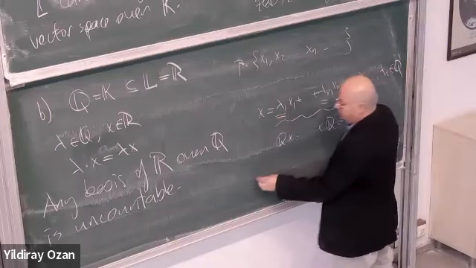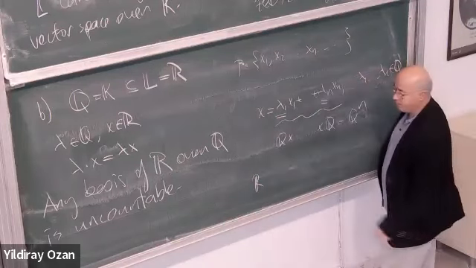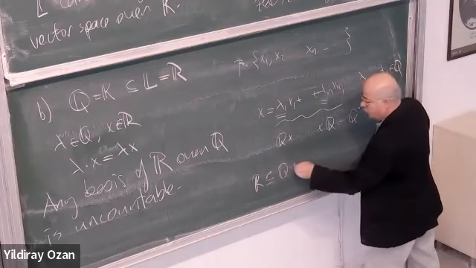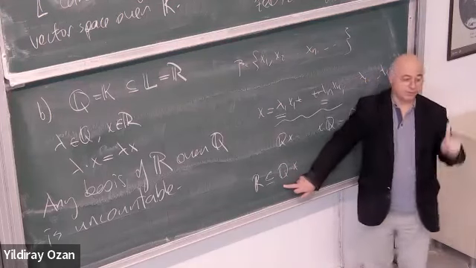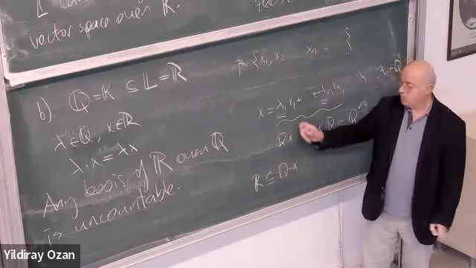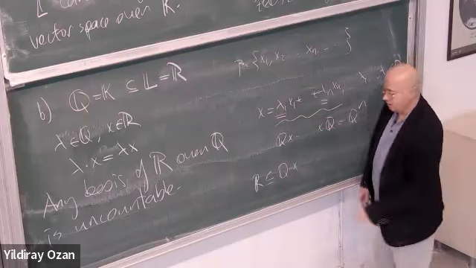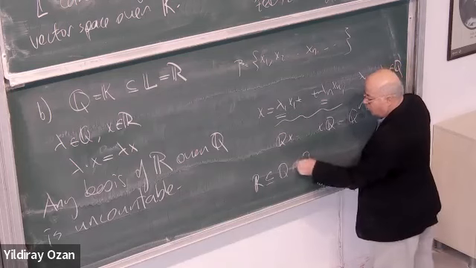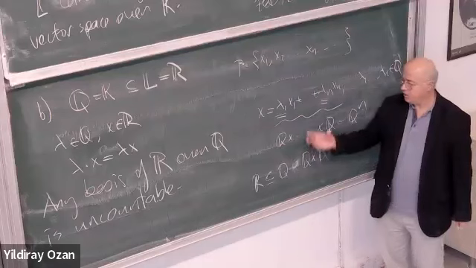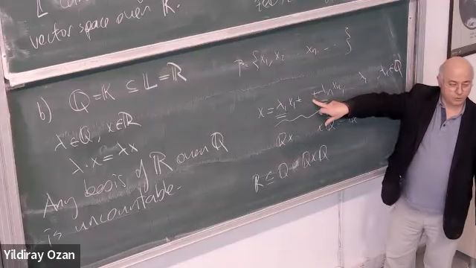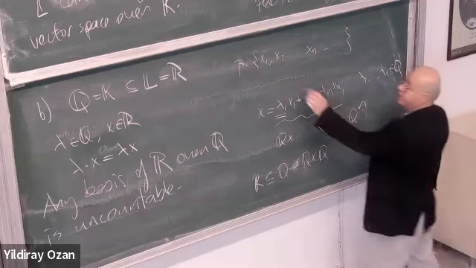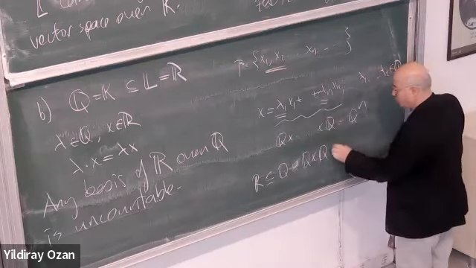This means that real numbers can be thought as a subset of the following: those real numbers which can be written with only one non-zero lambda i, those real numbers which have only two non-zero, which can be written as a combination of these two, and so on.